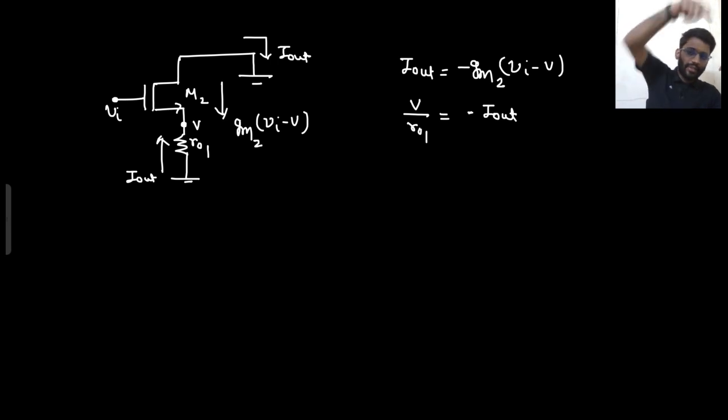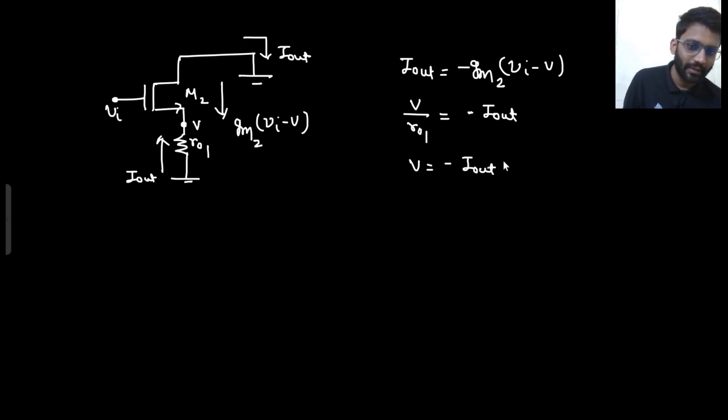So I out is flowing this way. So what will be your V? V will be minus I out R01. Say yes or no? V will be minus I out R01. Just put it here.